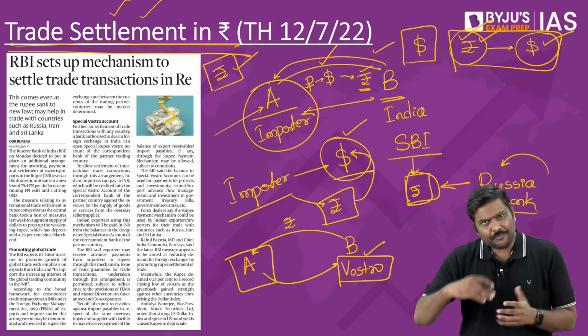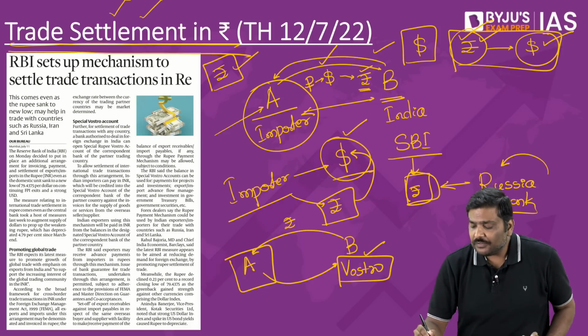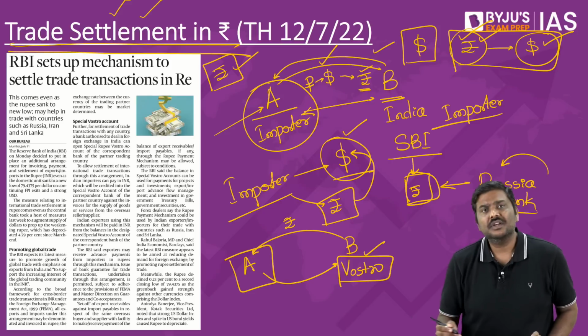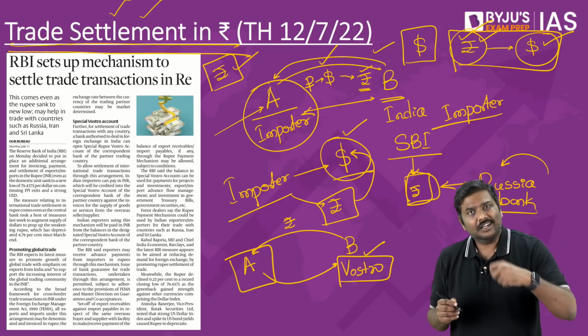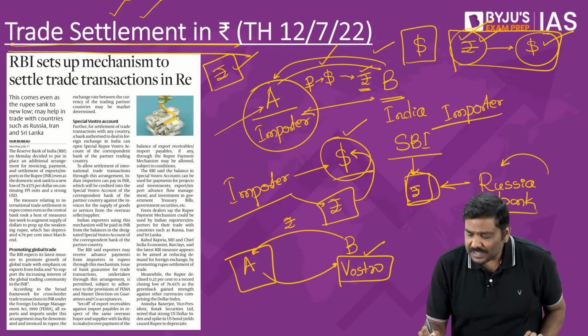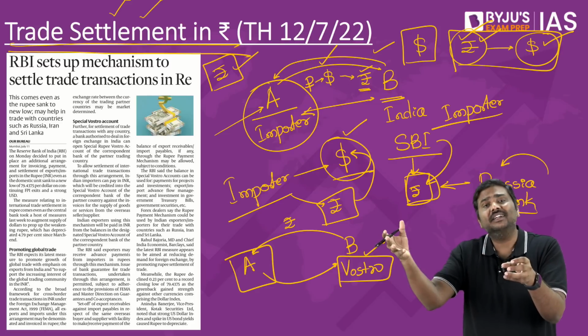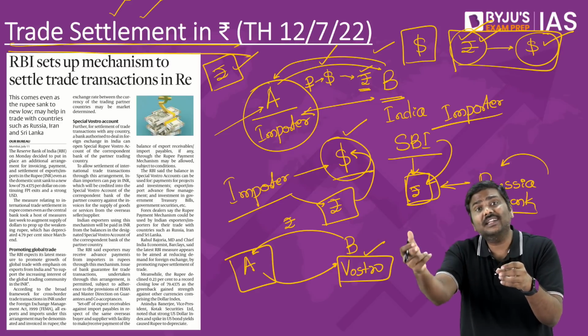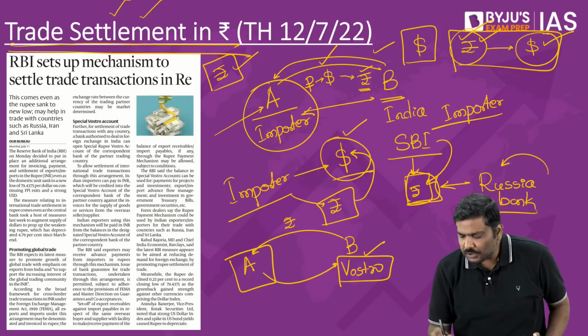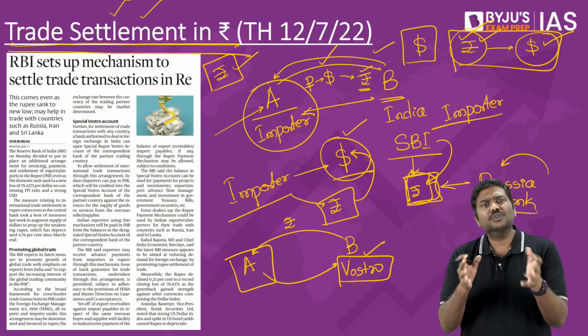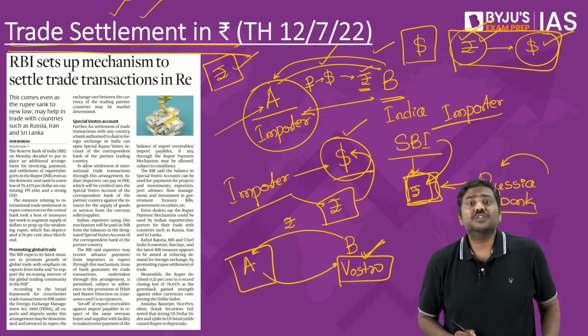Now, on the other hand, have a look at this. If I'm an importer in this context, rather than making the payment in dollars or rubles, I will deposit the rupee equivalent. I repeat, the rupee equivalent of this amount into this bank account, the Vostro account. Now, what do you mean by a Vostro account?